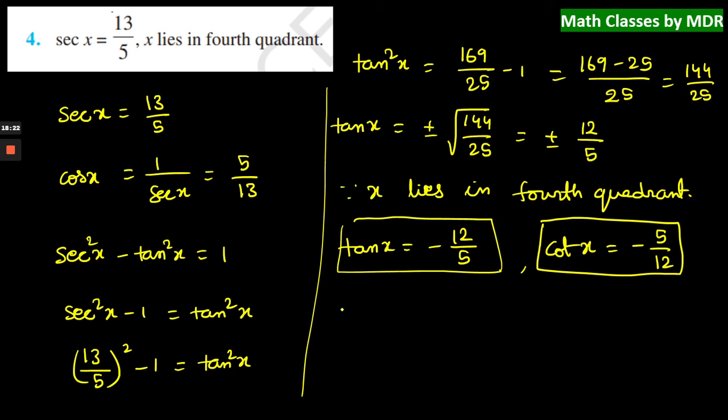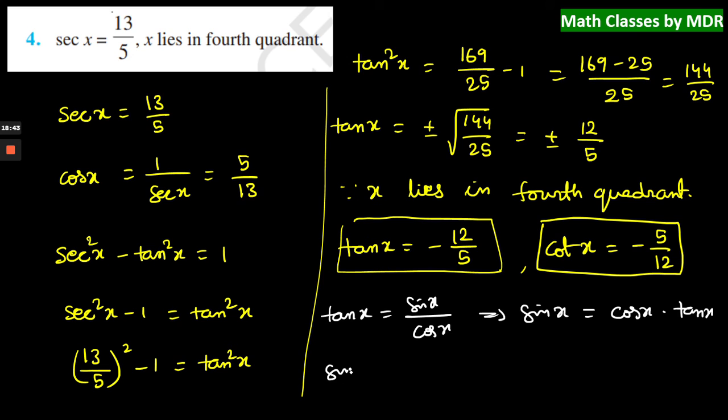And then let us try to find out sin x. So again tan x is equal to sin x by cos x, right? We can take tan x is sin x by cos x, and then we'll be able to write sin x is equal to cos x into tan x. Now we have both the values of cos x and tan x. Cos x is 5 by 13, and tan x is minus 12 by 5.